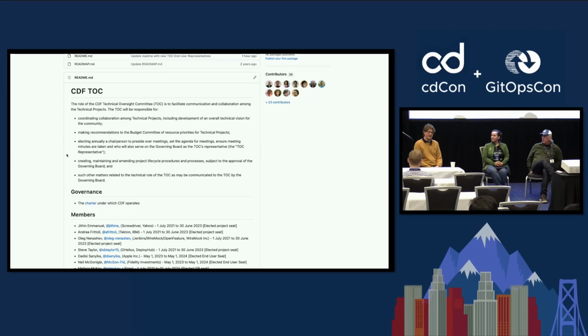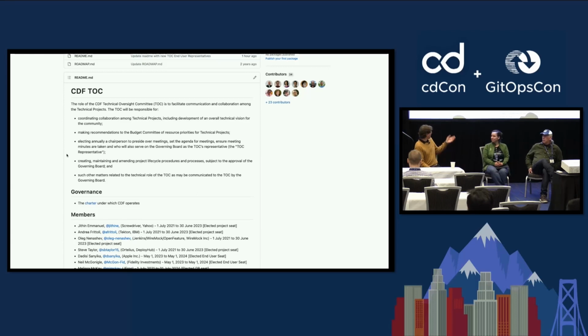Then we have 3 representatives elected by the governing board, like Melissa. And finally, we have 2 representatives from the end user community. End user companies that are members of the CDF select 2 individuals to join the TOC for a 1-year term to represent the end user community.